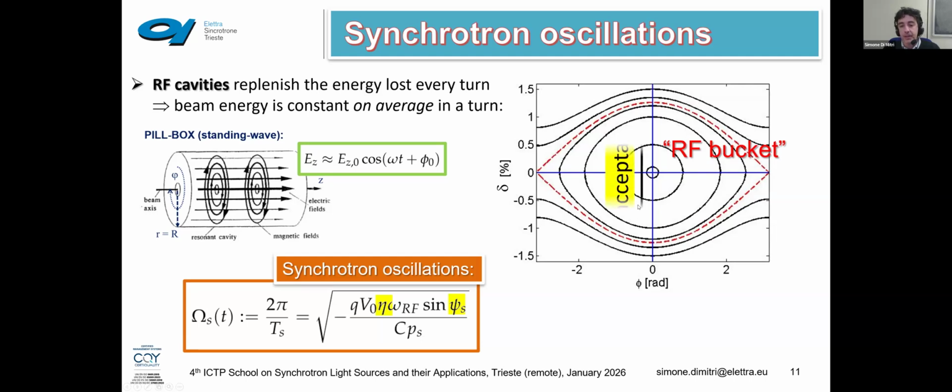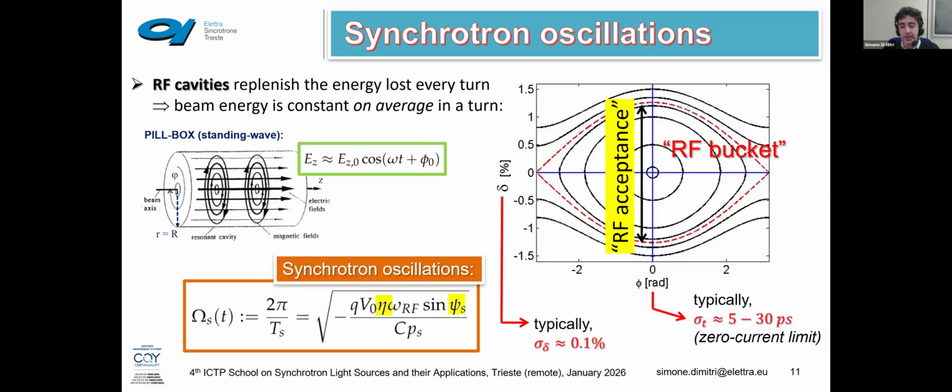And the stability, if achieved, can be represented as closed orbits in the arrival time or phase coordinate versus the relative energy deviation on the vertical axis. So if you have stability, you have closed orbits in this phase space, which basically sets the maximum energy deviation on the vertical axis and the maximum time duration of your electron bunch in the synchrotron.